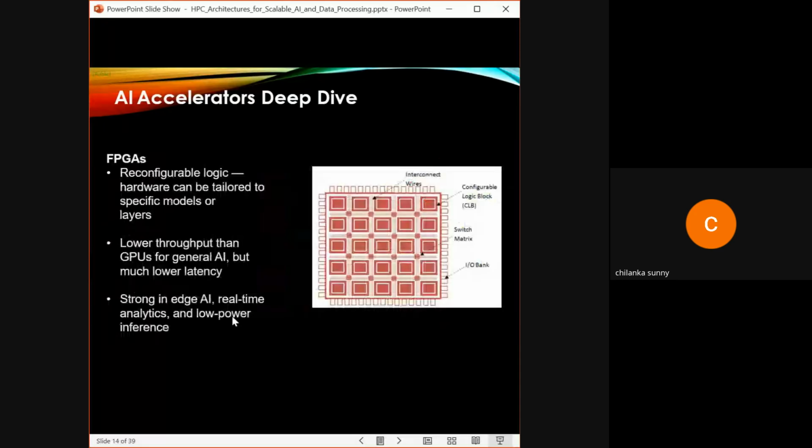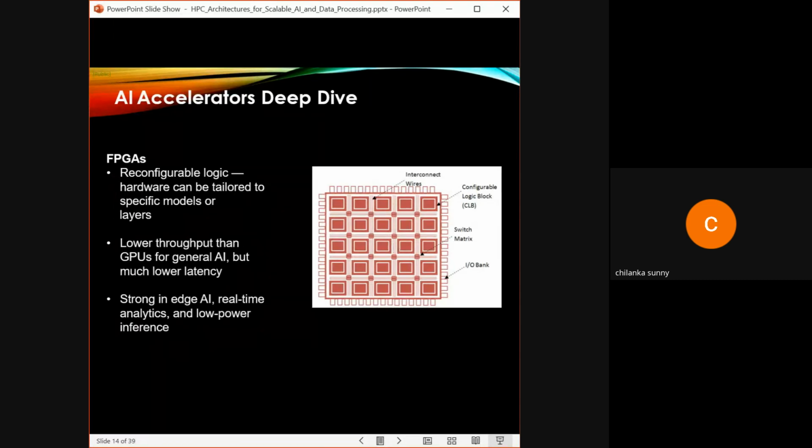But if you need a reconfigurable option, we have the FPGA, the field programmable gate array, which is reconfigurable hardware. Its fabric is composed of many configurable logic blocks, or CLBs, wired together to implement custom data paths and control logic.